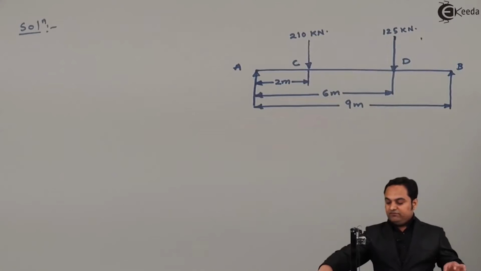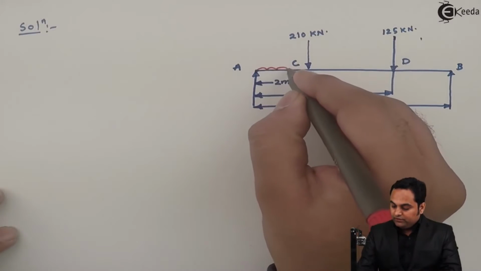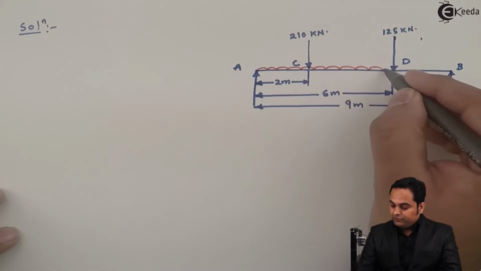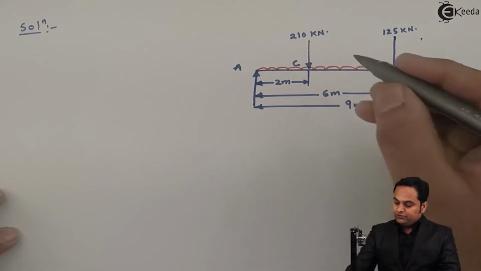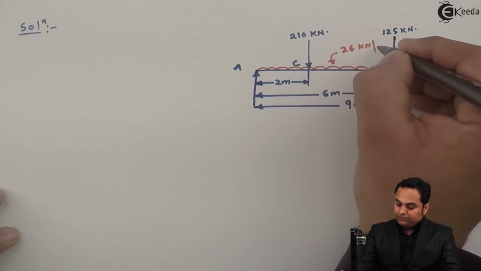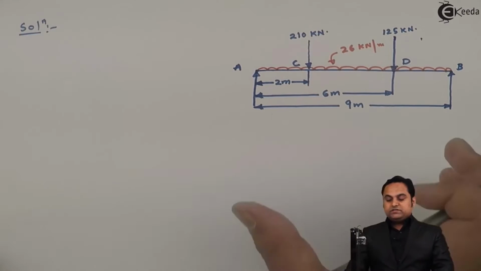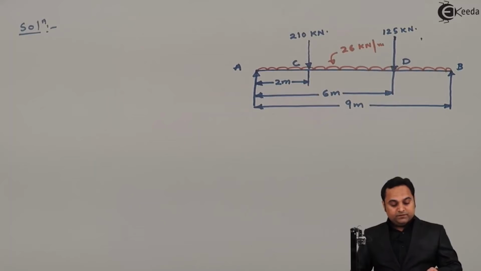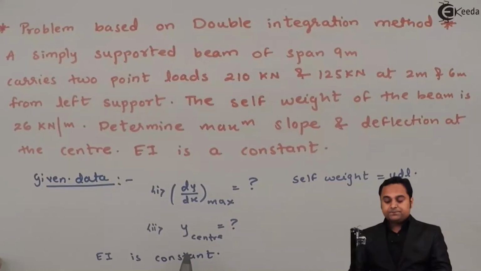So the self weight is shown in the form of a uniformly distributed load, with a value of 26 kilonewton per meter as the intensity. So now this is the diagram of the beam, and for such a beam we have to find out the maximum slope and deflection at the center.